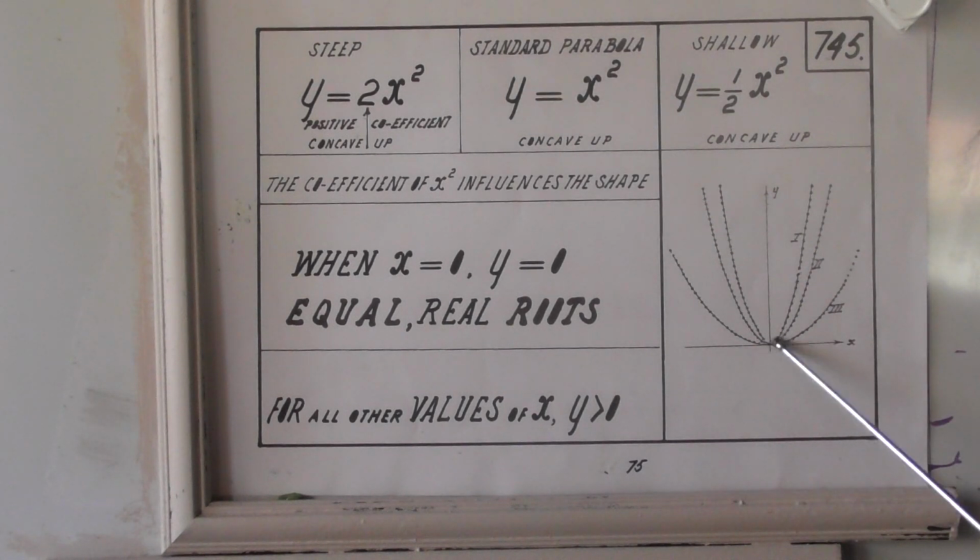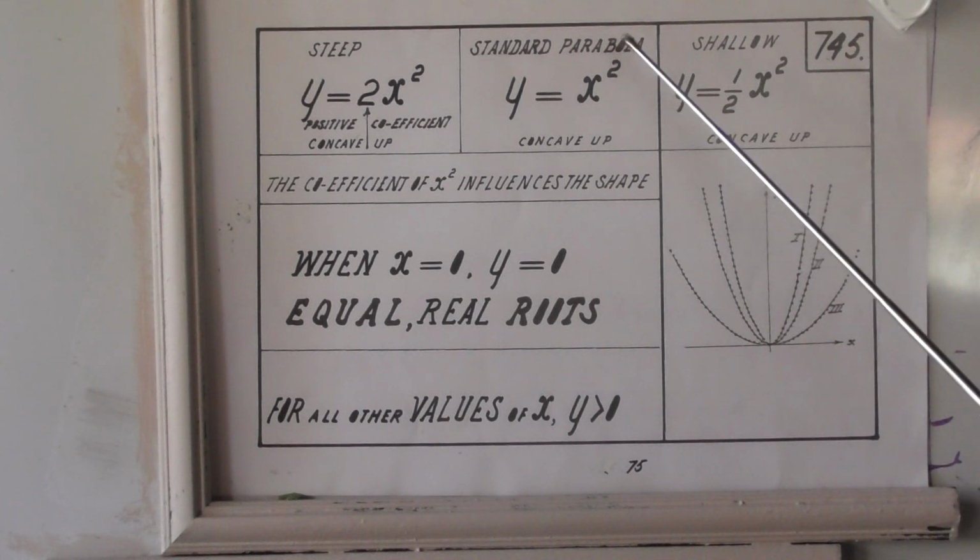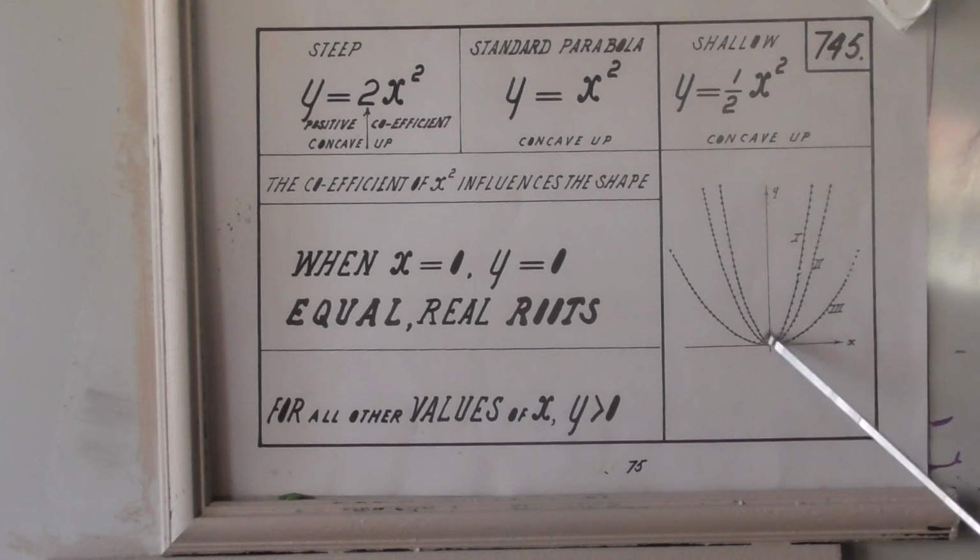This is called the standard parabola. If x is not, y is not. If x is 1, y is 1. If x is 2, y is 4. If x is not, y is not. If x is 1, y is only half.